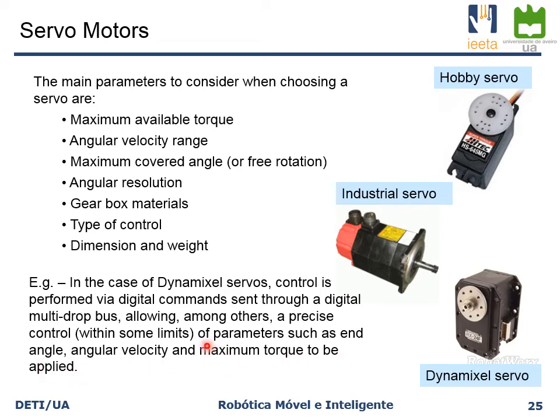The fact that you can also control the maximum torque means that you can use the Dynamixel servo in a compliant mode. So the servo will apply the force, but if it exceeds the maximum torque that you program, it will stop.